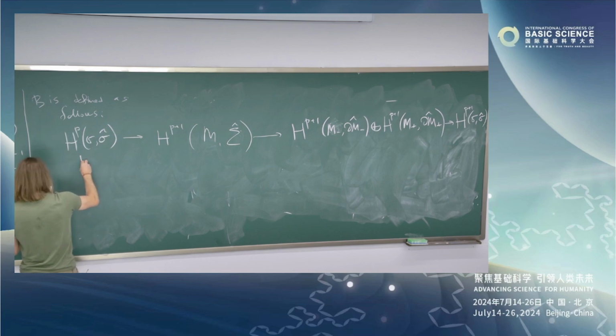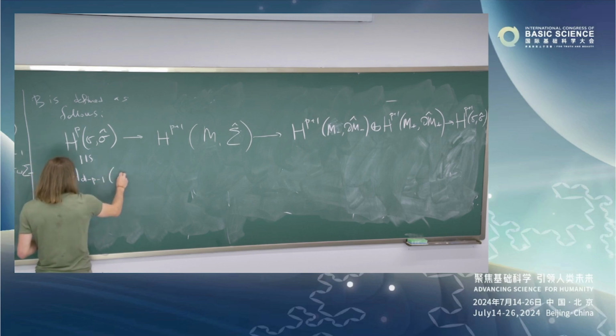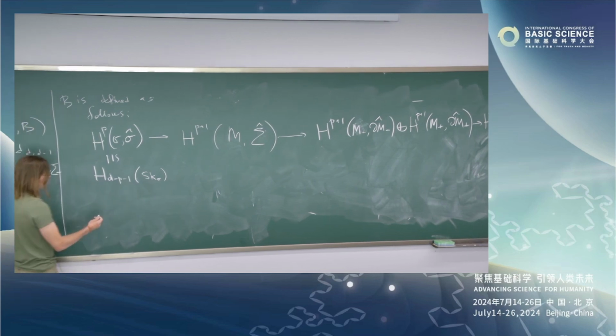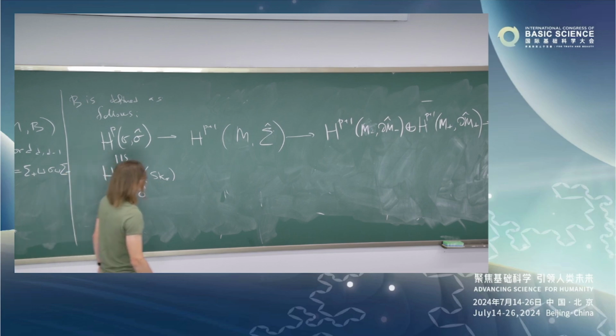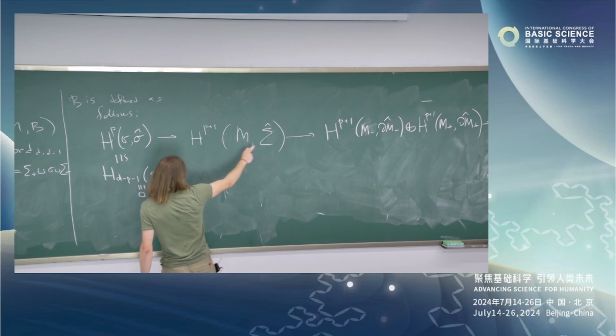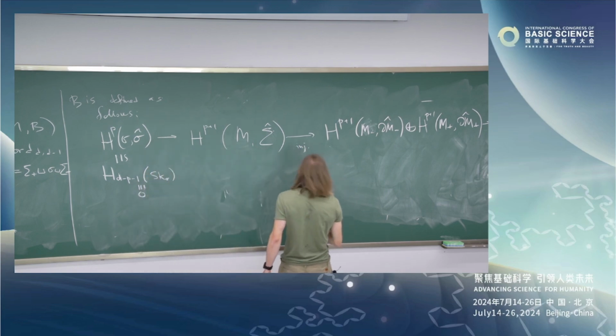This part is H^(p-1) of the skeleton inside sigma, and this is zero because the skeleton only contains cells up to dimension d minus p minus 2. So in particular, this means that this map will be injective.